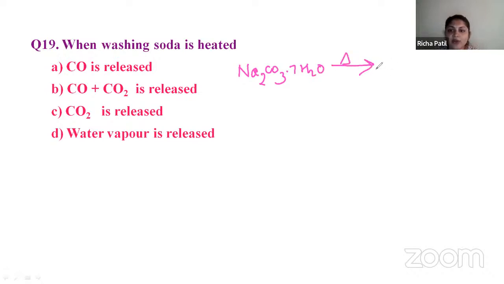When you heat it, what will it lose? It will lose water molecules. It will remain associated with one water molecule, and you lose 6 water molecules. So water vapor is released when washing soda is heated. So D is the correct option.